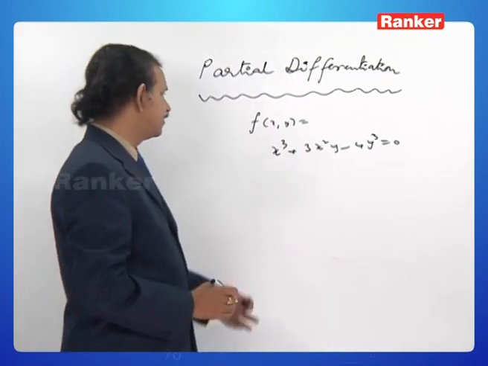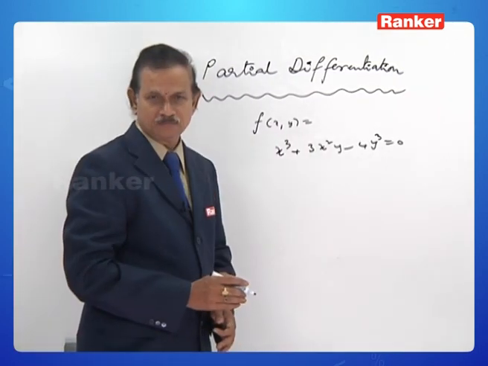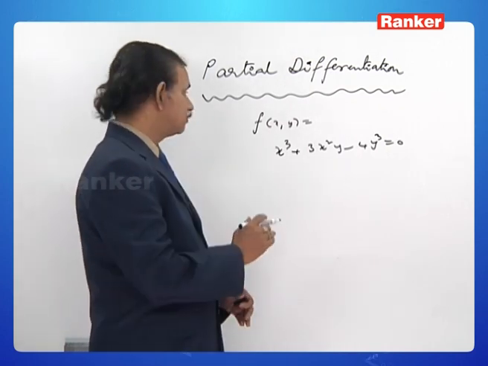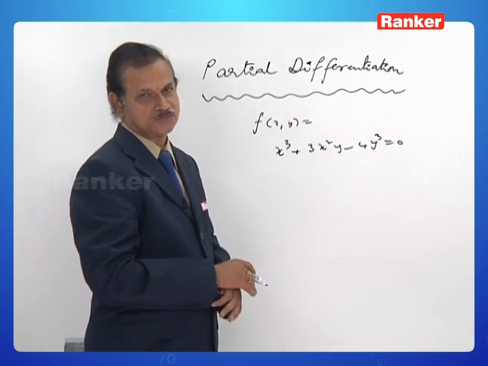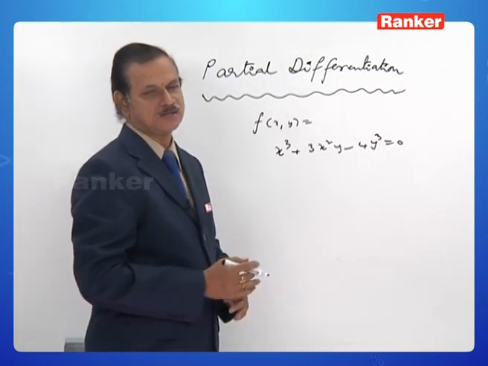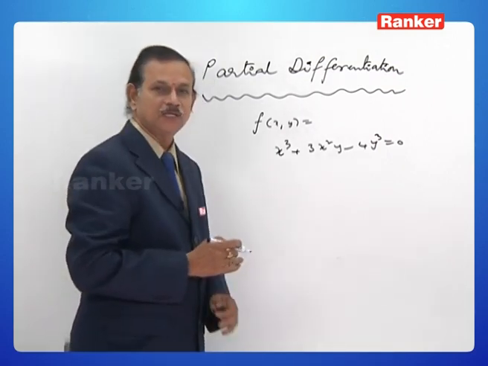We cannot find the derivative directly, or it is needless to find. We have to find the derivative with respect to x keeping y as constant, derivative with respect to y keeping x as constant.